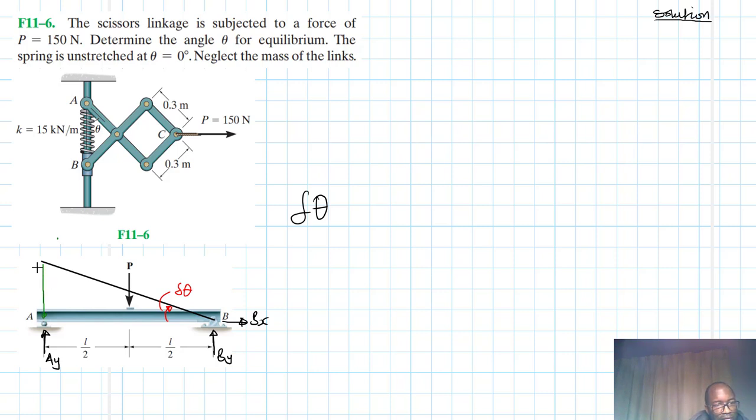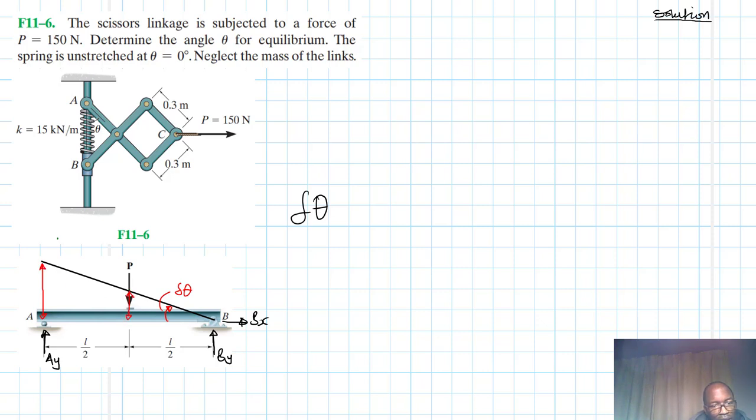Then I'm going to have some translational virtual displacements that are related to del theta at the points, because we are interested to identify the translational displacement at the points where we have forces, and these forces can either be applied forces or reaction forces.